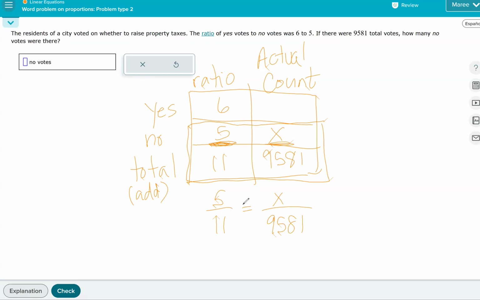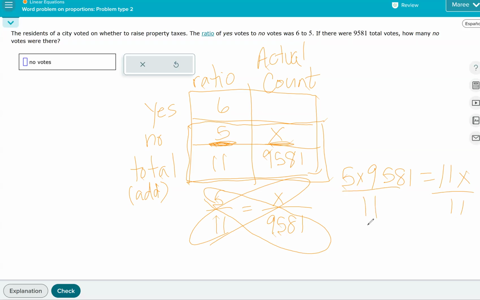So when we have a proportion and it needs to be true, cross products have to be equal to each other. So 5 times 9,581 has to equal 11 times X. But we want to know what X is, so we're going to divide by 11.